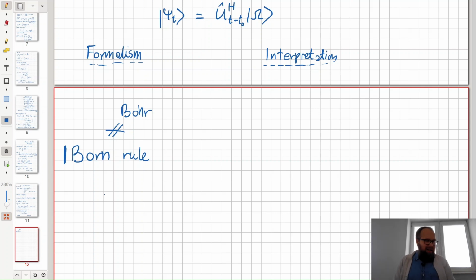So the Born rule. Before I will be able to vocalize the Born rule, we have to do some preparation by explaining things about measurement.